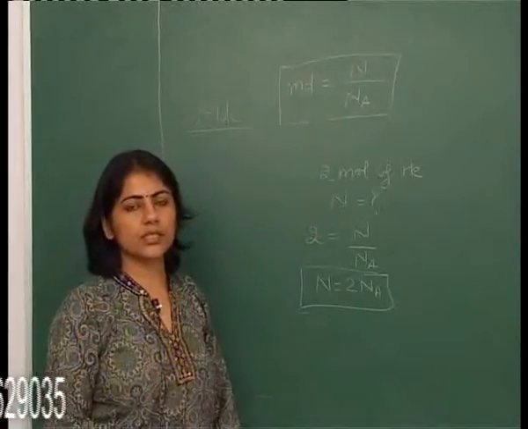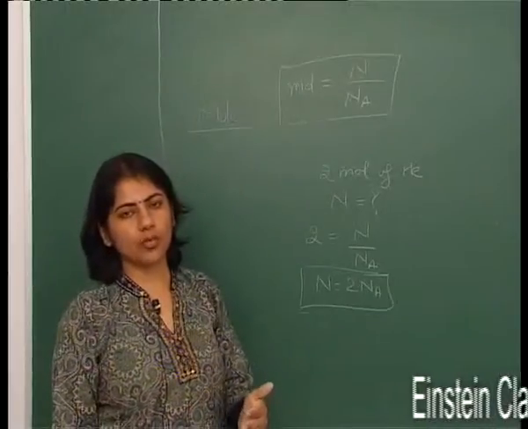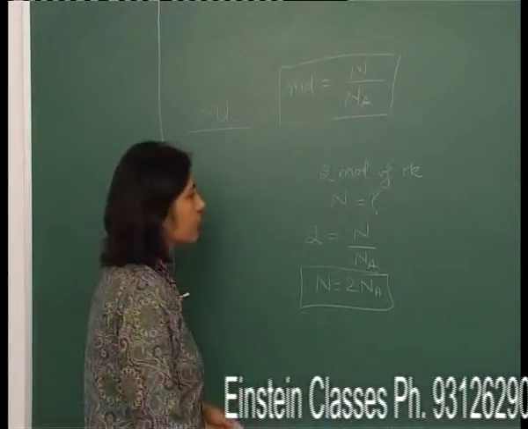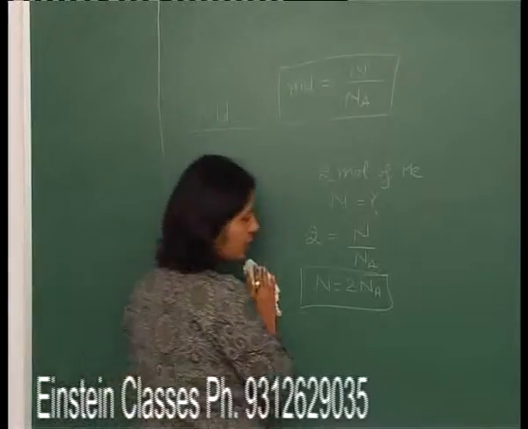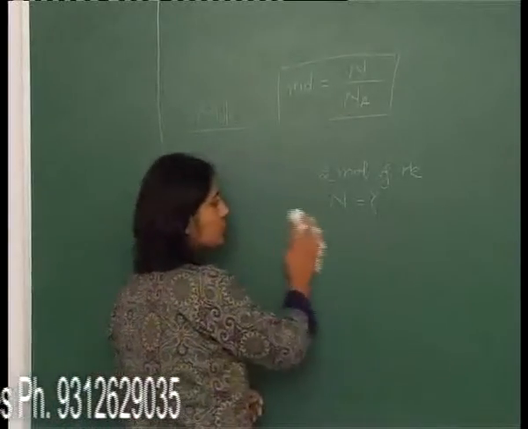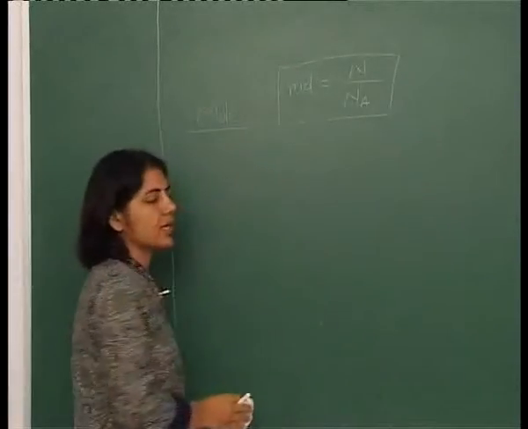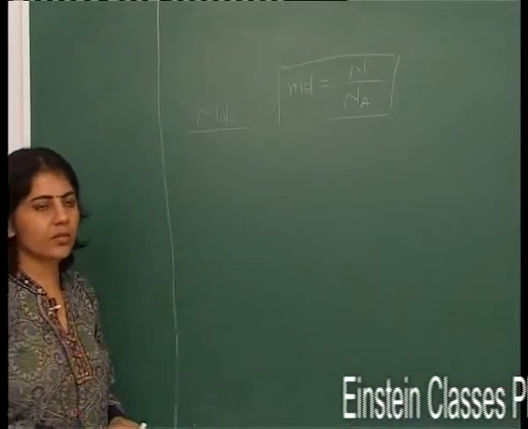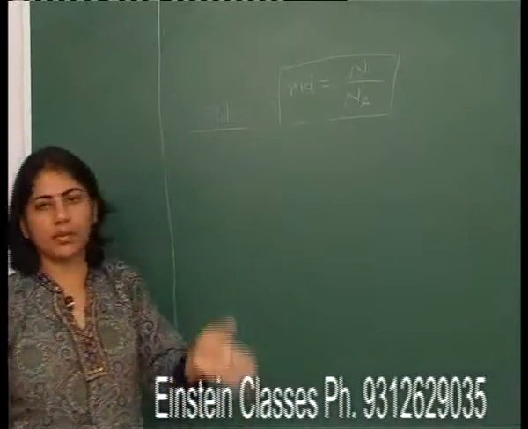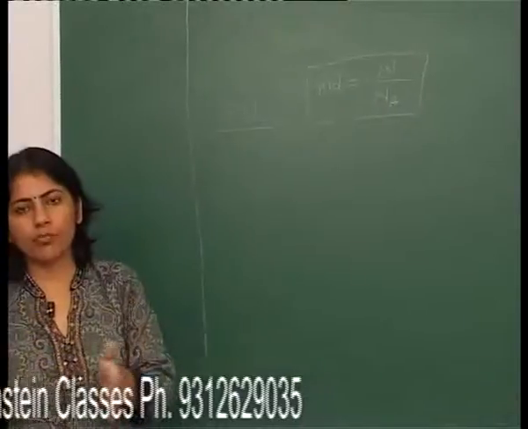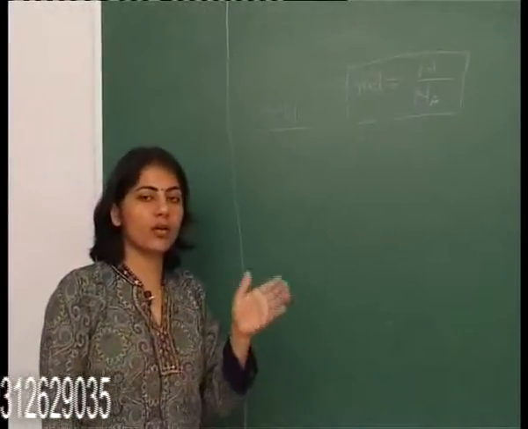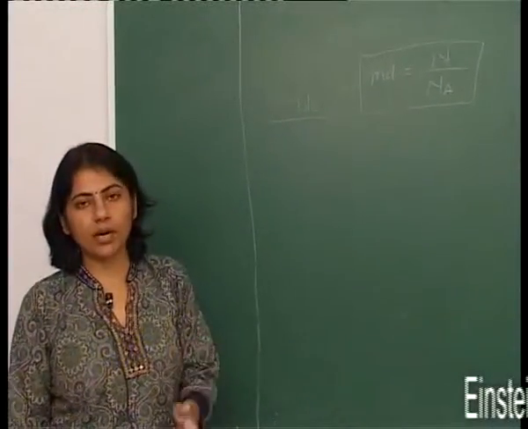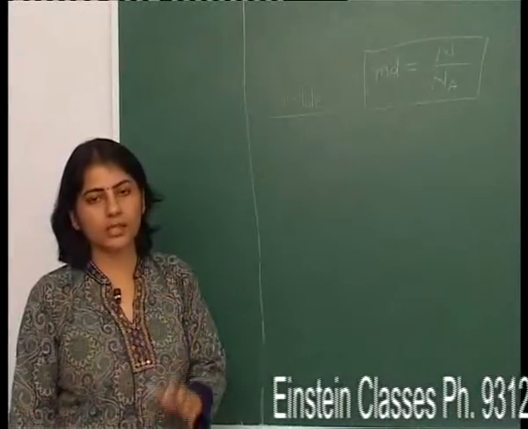Now we are going to discuss the next relation of the mole. The next relation of the mole is a very useful concept. It is also used to relate the mass of a substance. Like we have discussed the mole with the number of atoms and molecules, now mole can also be related to the given mass and the molar mass.